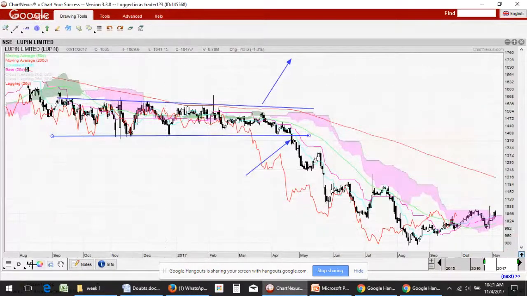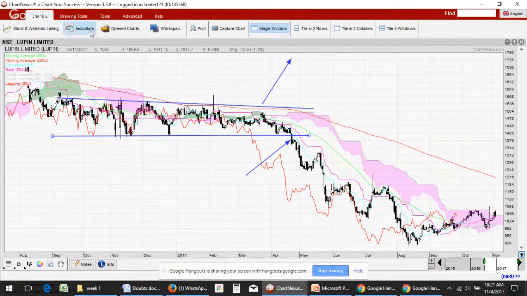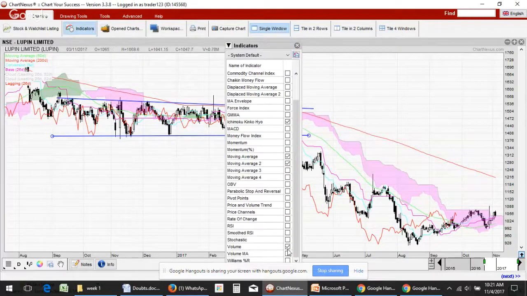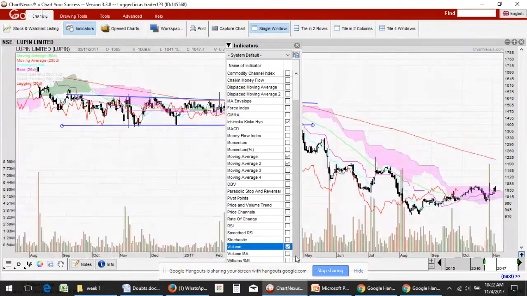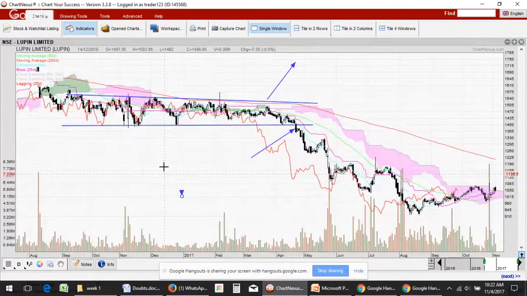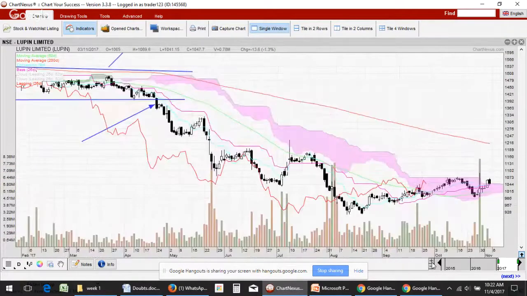Now, one way to identify a valid peak and trough would be volume. Let me see if I can put volume on this chart. Okay, there's volume. All right, so notice the huge volume here.